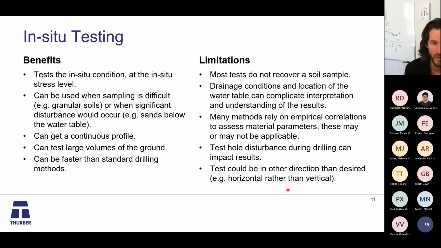Many of these methods rely on empirical correlations to assess material parameters. Maybe, maybe not applicable. Disturbance from drilling can impact the results. And the test could be done in a different direction than what's important to you. So maybe the test is done horizontally, but you're really concerned with vertical parameters, or vice versa.